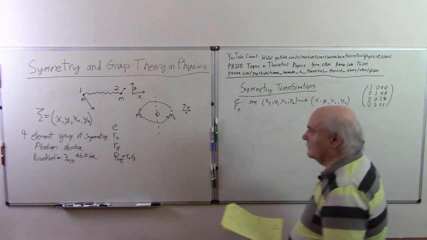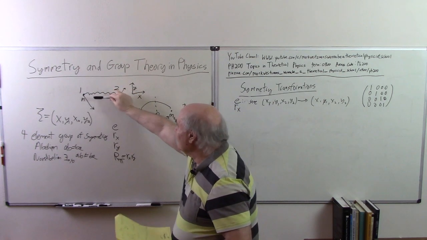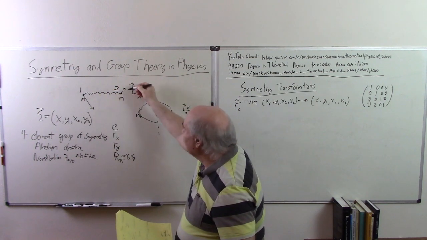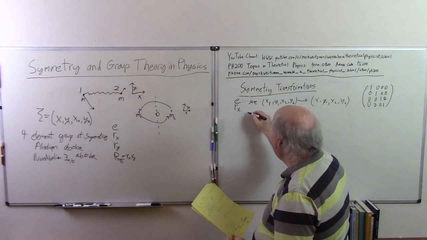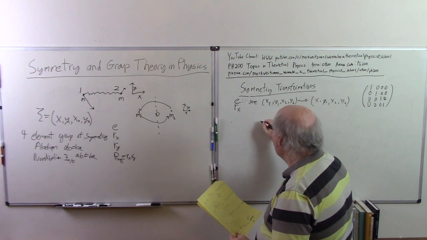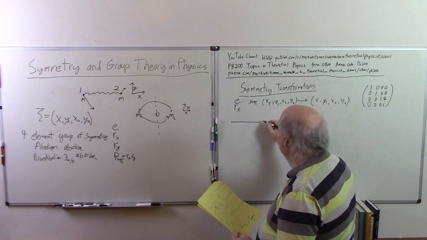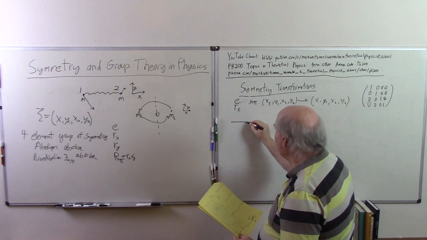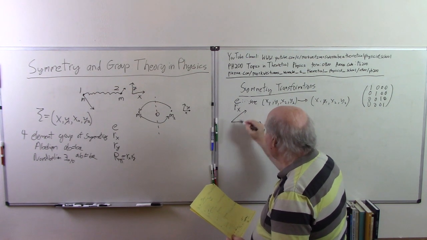Now let's do Rx. If we flip about this axis, the particles still remain on the same side, but the vector goes like this. Now it was pointing up, so it's now going to be pointing down. This is the origin again. This was pointing that way, so it's going to be pointing that way.